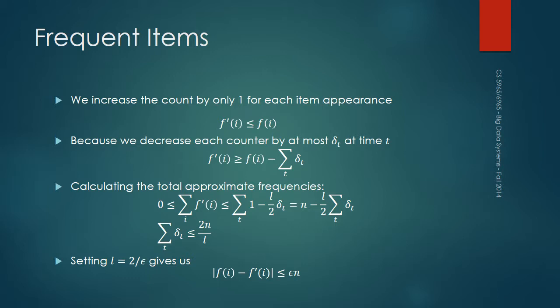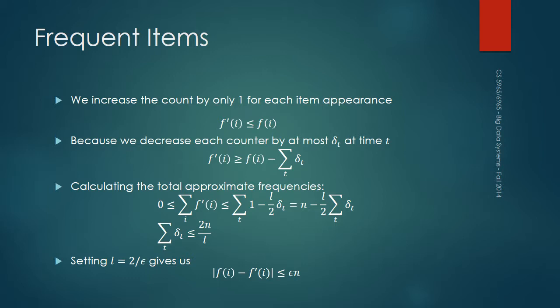I'm just evaluating this in the last step, summing over t equal to 1 to n. The first term sums up to n, and this sums up to L over 2 times the sum over t equal to 1 to n of delta t. Correct?